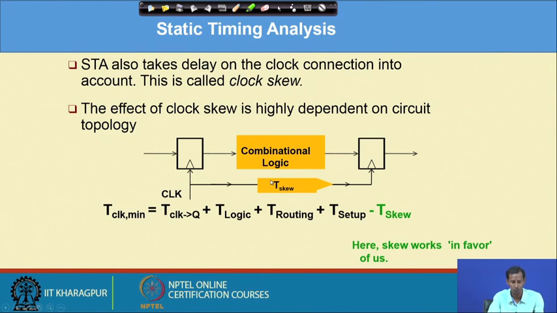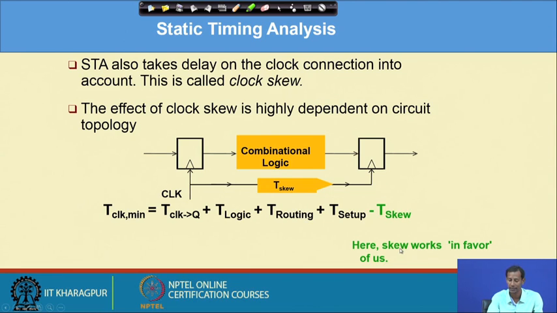But for the time being, if this clock has a skew, and that is in favor, meaning from this path to this path the clock skew is positive, then at that time this T skew will be subtracted from the corresponding delay. Why?